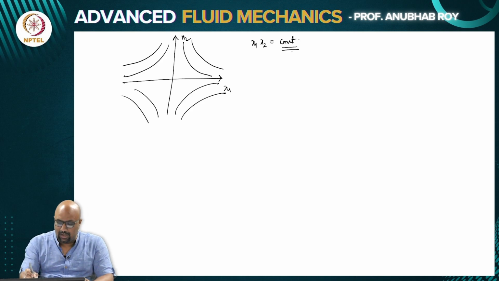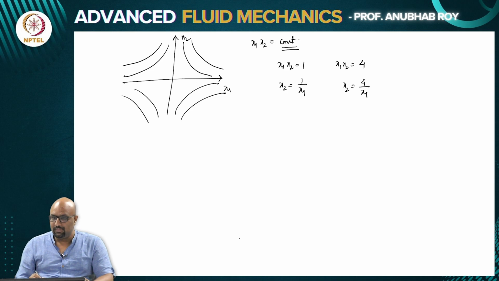You choose a particular value of the constant. Let's say you choose the constant to be 1, in which case you draw a curve which is x2 is equal to 1 by x1. If the constant was, let's say, 4, you draw the curve which is x2 is equal to 4 by x1. So these are families of streamlines that you are going to obtain.